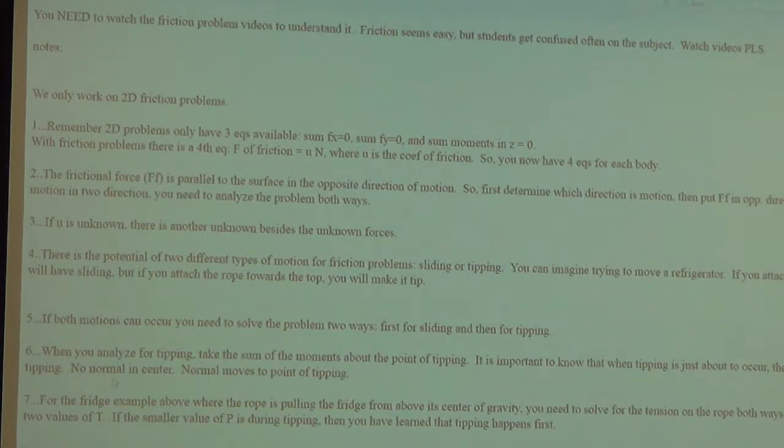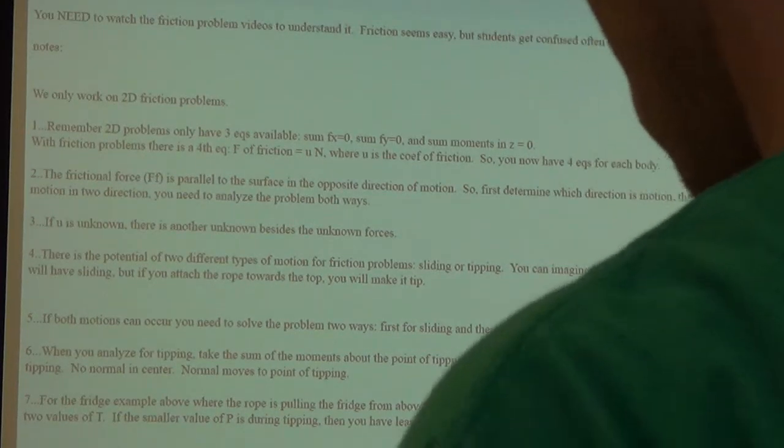Okay, when you analyze for tipping, take the sum of the moments about the point of tipping. So in this particular case, when I tip it, it's tipping on the wheels right here. If I just go about to tip it, where is the normal? There are 2 sets of wheels here. Where's the normal? The normal is where it's being tipped, because the normal is from the surface, right? So when I go to tip it, and I lift this cart off the wheels, is there a normal there anymore?